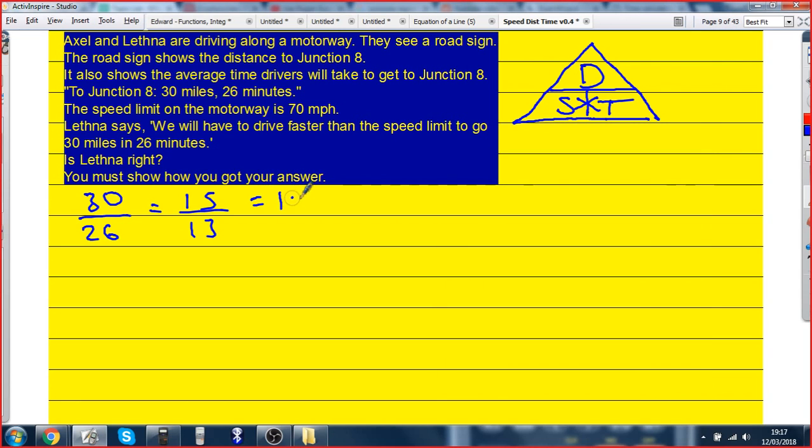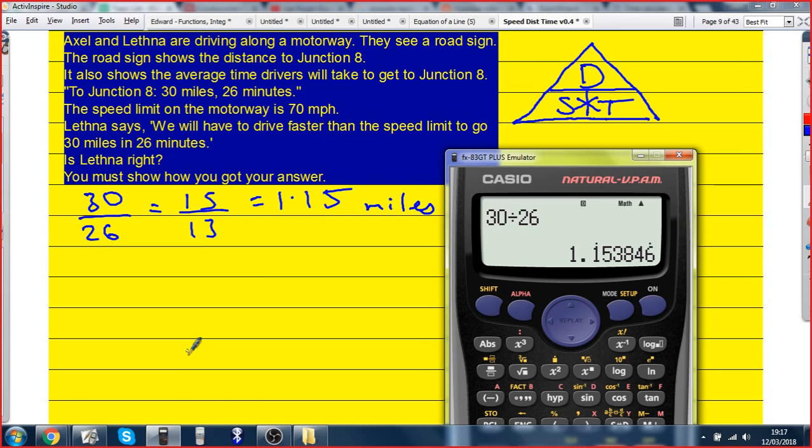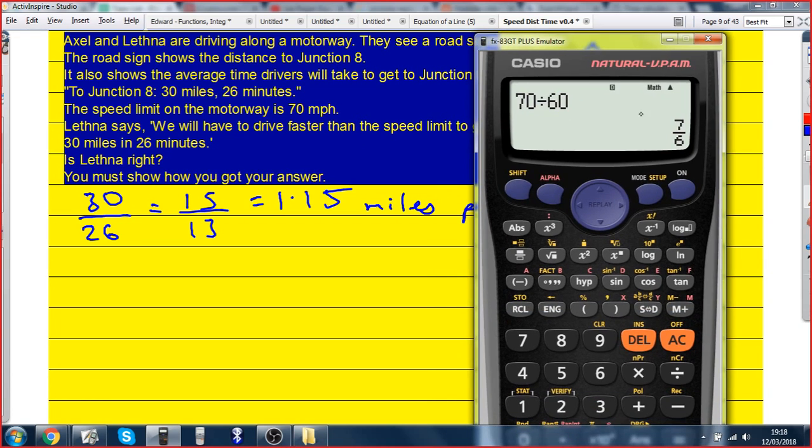So would you do 70 divide by 60? Yeah, that'll work. Okay. 70 divided by 60 is 1.16 recurring.